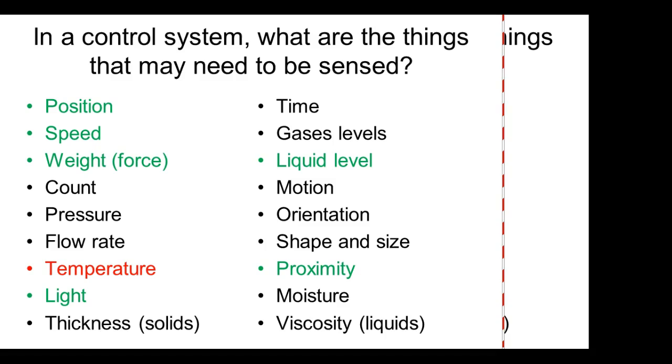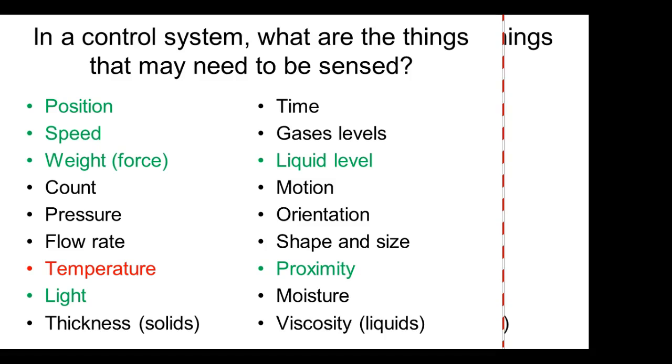So temperature, very, very important to sense temperature, because usually when things get too hot, or even too cold, then you start having problems, right? And so we have temperature sensors monitoring bearings and all kinds of stuff.